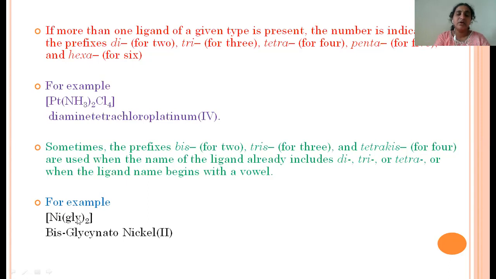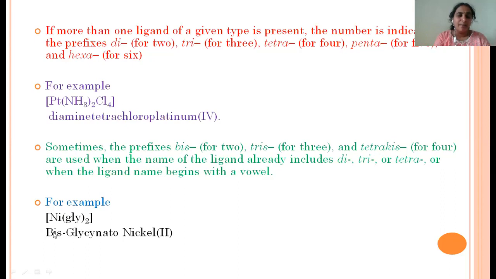Glycinate is a bidentate ligand, and a total of 2 are present. So instead of di, we use bis, because it's a polydentate ligand. Whenever polydentate ligands are present, we use bis, tris, and tetrakis.